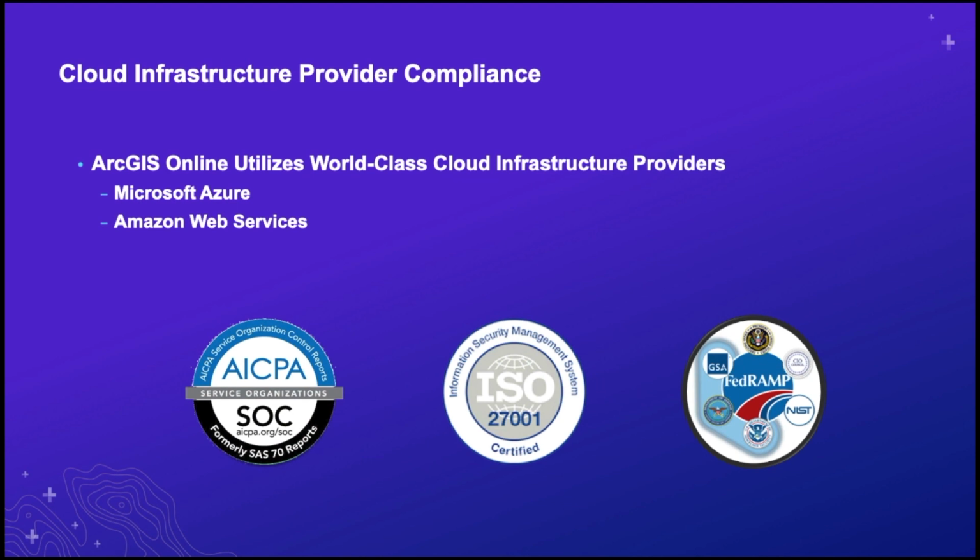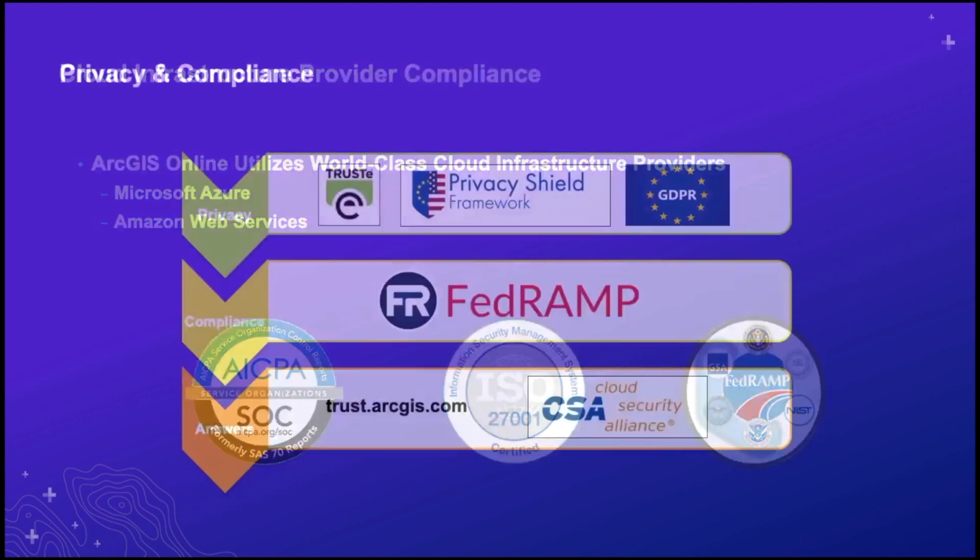And then finally, a little bit about compliance. ArcGIS Online runs on world-class cloud infrastructure providers. We run on both Microsoft Azure and Amazon Web Services. These are providers that have various certifications and compliance levels like SOC, ISO 27000 and 27001, FedRAMP Moderate, and so forth.